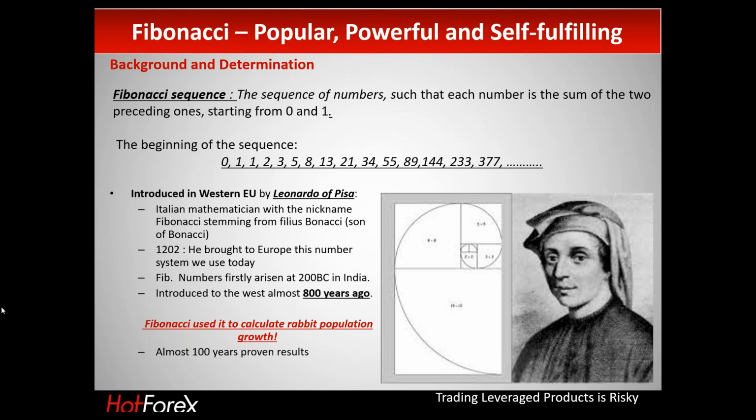So Fibonacci, guys, considers the growth of a hypothetical, idealized, biologically unrealistic rabbit population, assuming that a newly born pair of rabbits, one male, one female, are put in a field. The rabbits are able to mate at the age of 1 month, so that at the end of the second month, a female can produce another pair of rabbits.